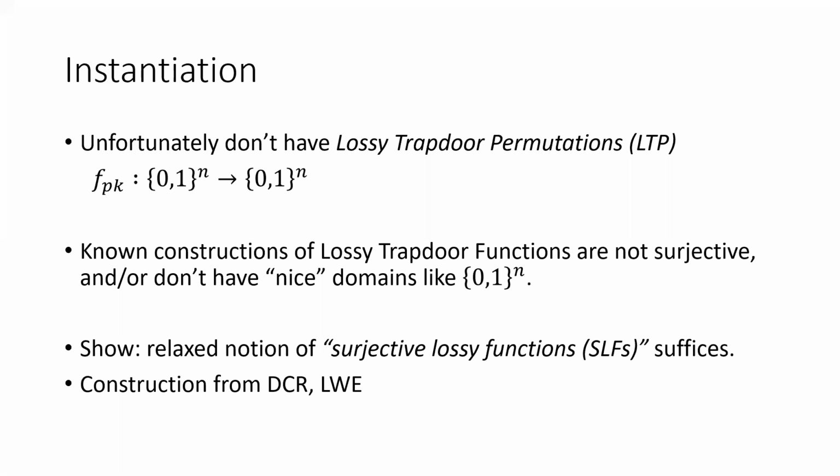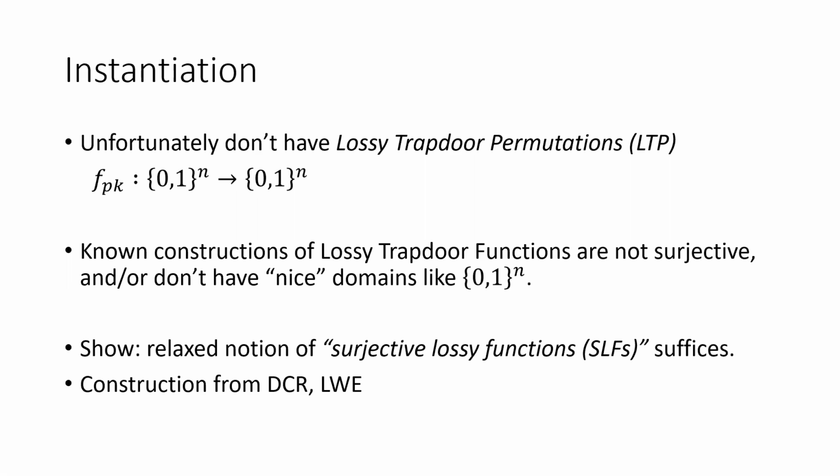So it turns out we don't actually need the function to be injective. We define something called surjective lossy functions, where in surjective mode, every value in the image has very few pre-images mapping to it. So essentially, the functions may be a little bit lossy because there are more pre-images than there are values. The domain is bigger than the image size. But in surjective mode, it's not very lossy.